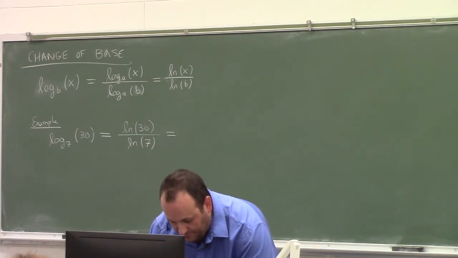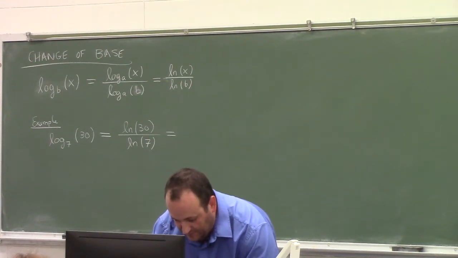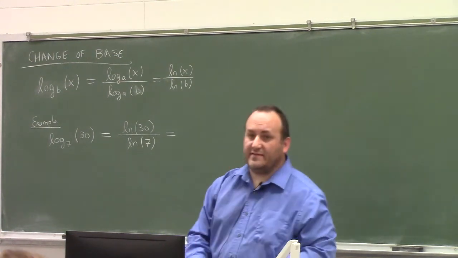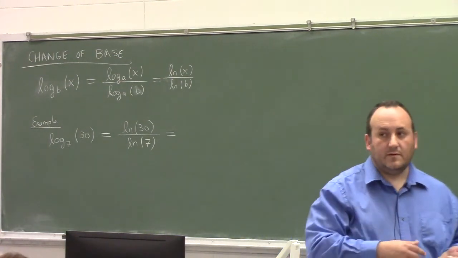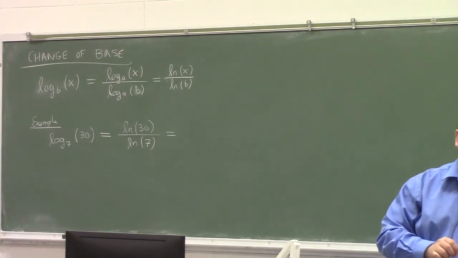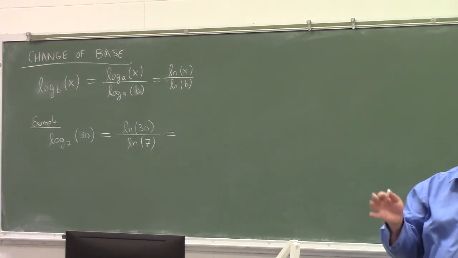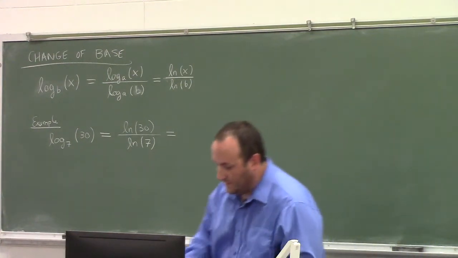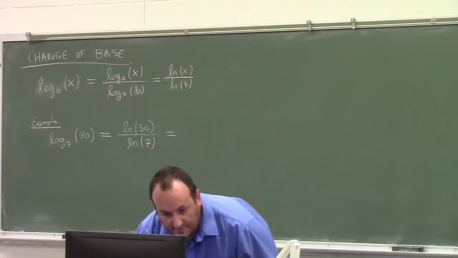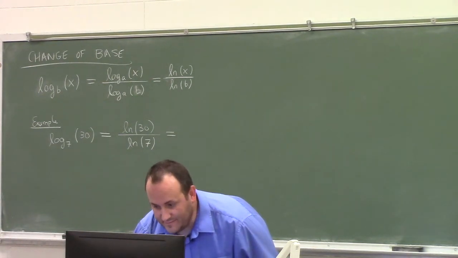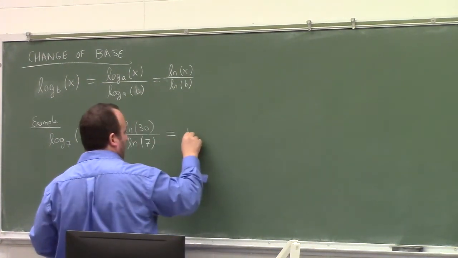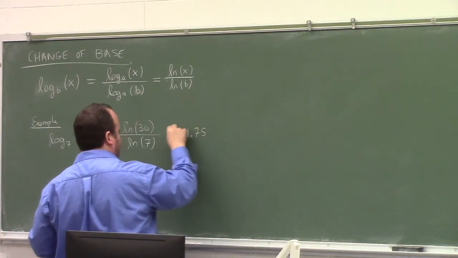Now, the reason this is important is because a lot of calculators don't have a log base 7 function. Some do, some don't. But almost every scientific calculator is going to have a natural log function, the big ln button. So you can calculate logs using the natural log. That's a handy thing to know. What did you get? 1.75, roughly speaking, approximately.